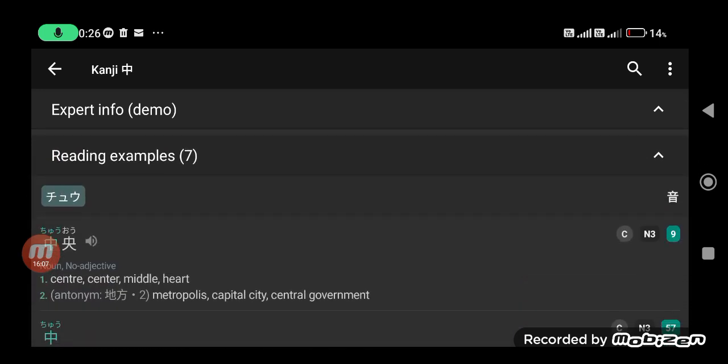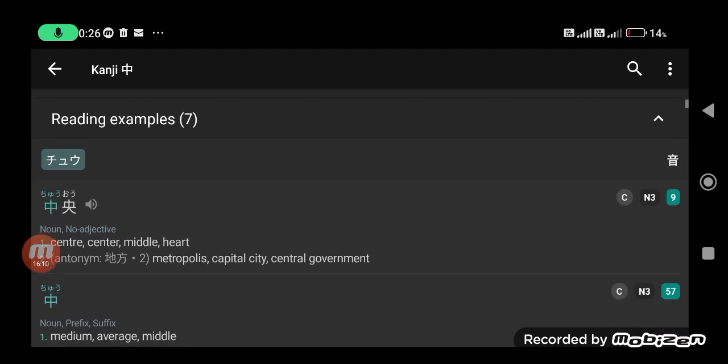Now let's go to reading examples. Chuo, center, middle, or at the heart. Not the heart as in anatomy, the heart meaning the center of something.